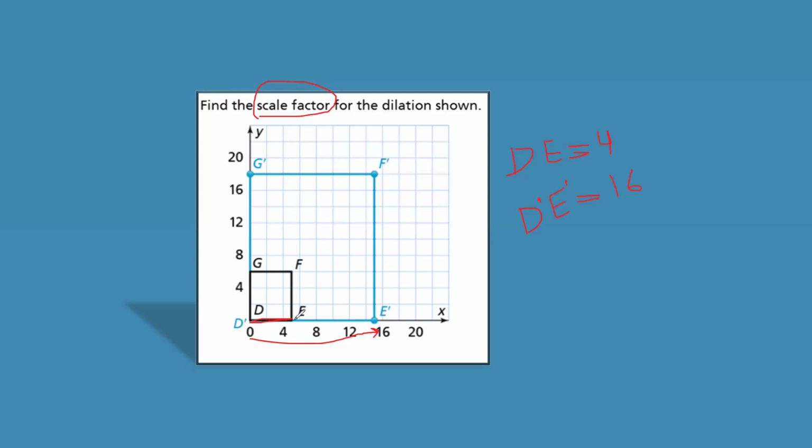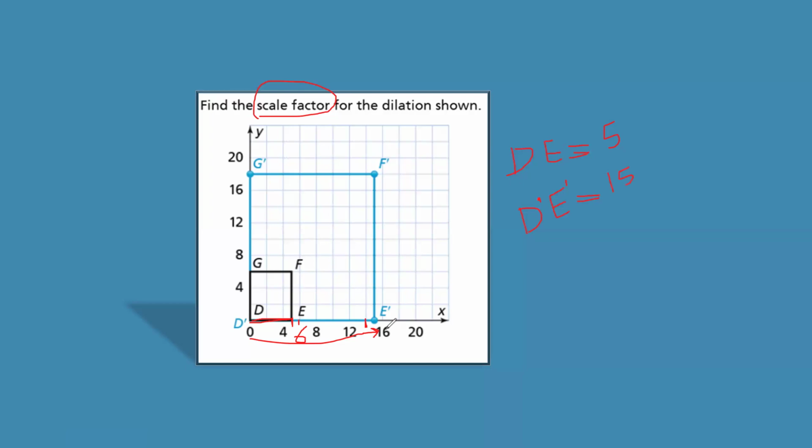Oh, here the first one, it's between 4 and 6. So the first one is not 4, it's 5. Because it's between, not exactly over 4, so it's 5. Between 4 and 6, it's 5. E prime is between 14 and 16, so it's 15.